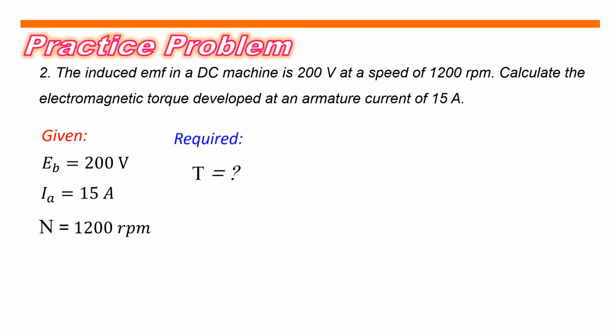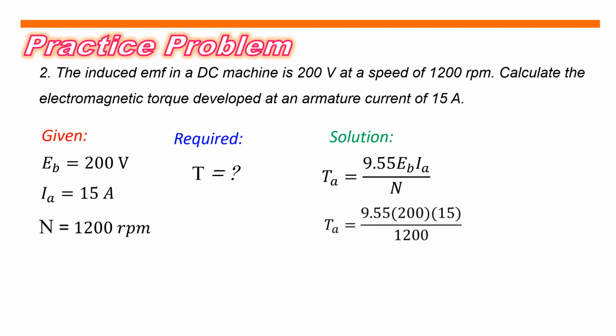We are asked to solve for the torque. Then using our equation, the armature torque is equal to 9.55 multiplied by the back EMF multiplied by the armature current all over the rotational speed. So substitute all the values. That will be 9.55 multiplied by 200 multiplied by 15 all over 1,200, and we will get 24 Newton meter for the torque.